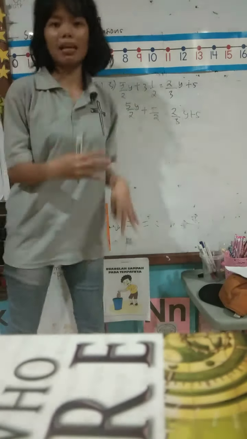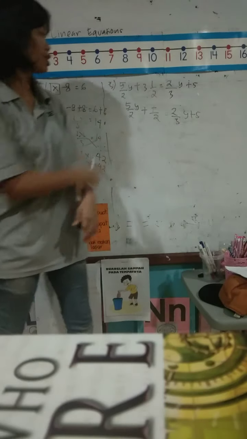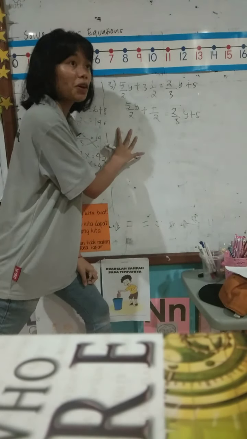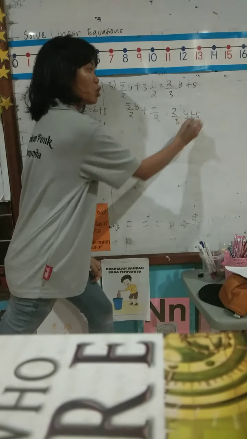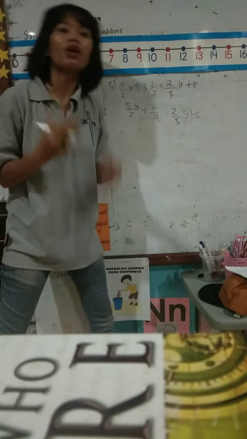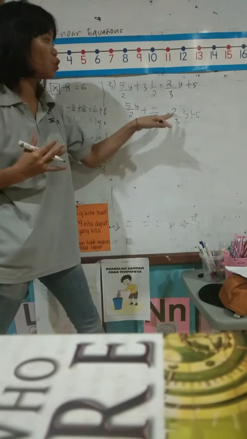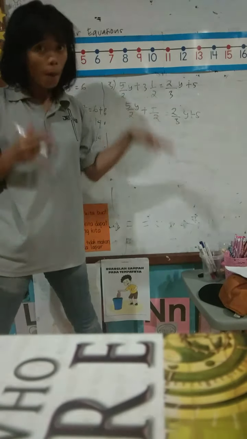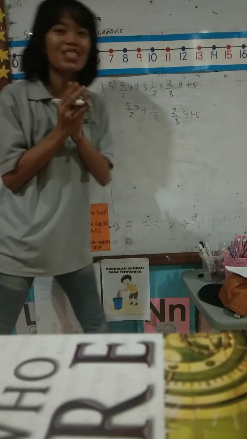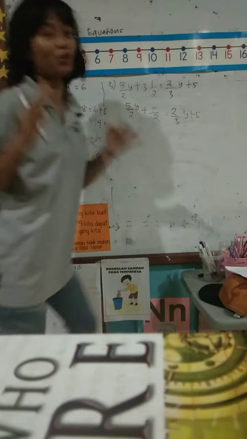After this one, it's still the same as the previous concept, making the same variables. To make the variables the same, we have to cancel out this one, 2 out of 3y. How? We want to find the opposite of positive 2 out of 3y. What's the opposite? Yes, good job, Gabby. Minus 2 out of 3y.